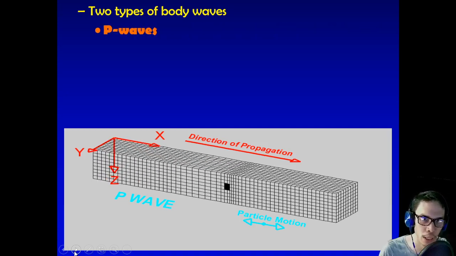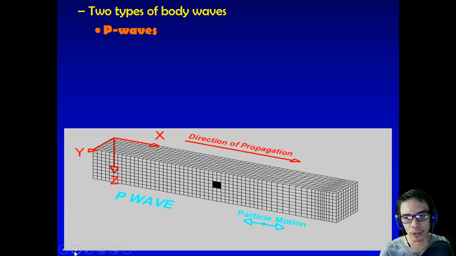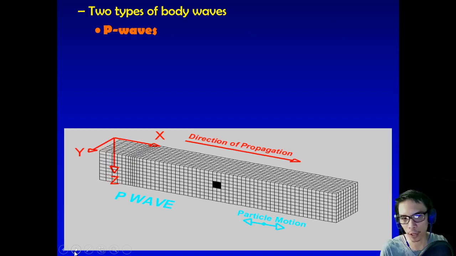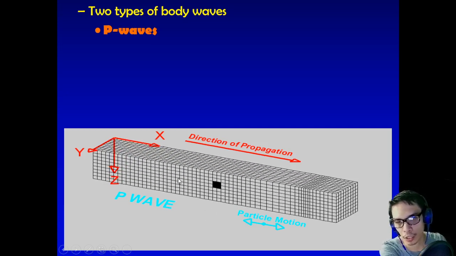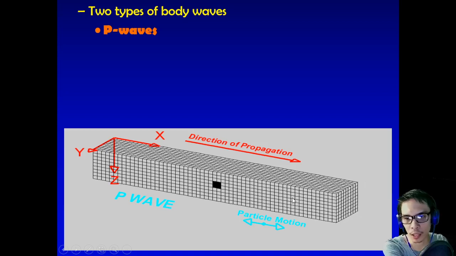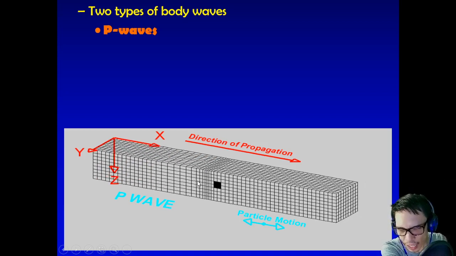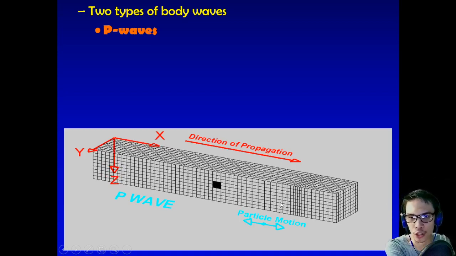In other books, this is called the pressure wave. As you can see, these blocks represent rocks in real life, and the rocks are undergoing compression.